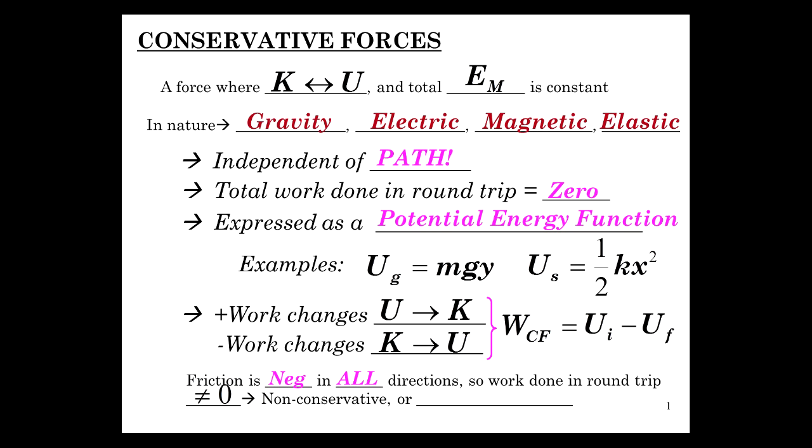So the work done in the round trip is definitely not equal to 0, and the work in the path is dependent on the path. So this is a non-conservative force, or in this case, a dissipative force, where heat is produced. Mechanical energy that you may have started with, like energy of motion, ends up, say, bringing it to rest, and heat is produced in exchange for the loss of kinetic energy.